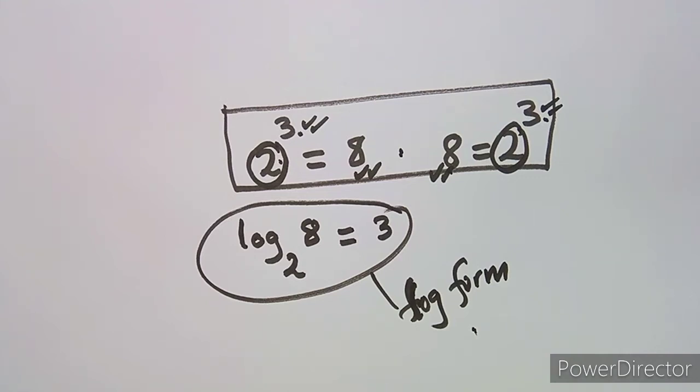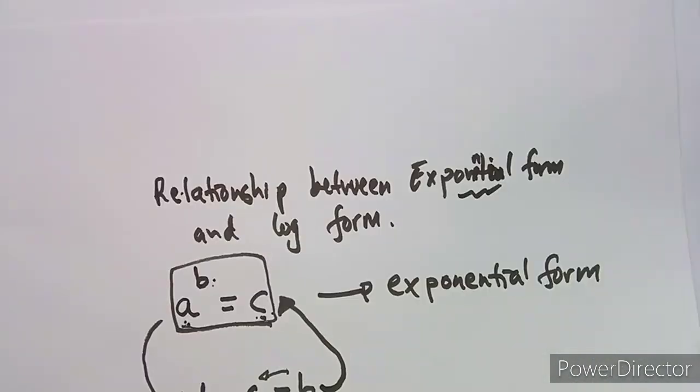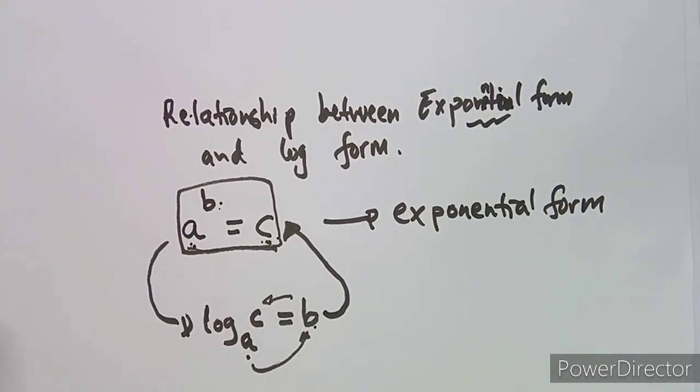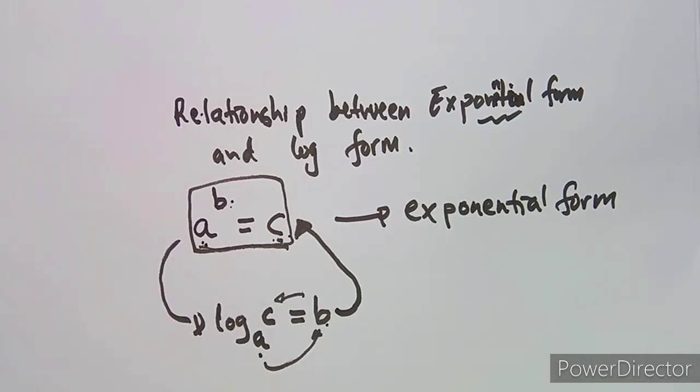All right, we are going to see this part. Actually, what we just need is to know the concept, because we are going to apply it later on when we'll be solving logarithmic equations. For the meantime, what we need is this relationship between exponential form and log form.